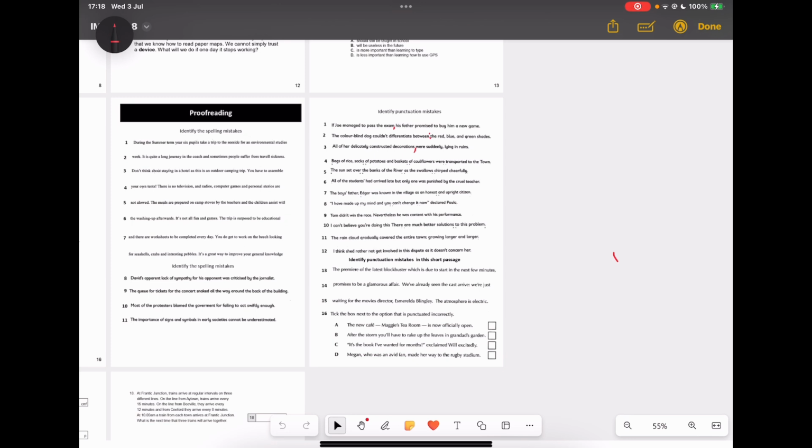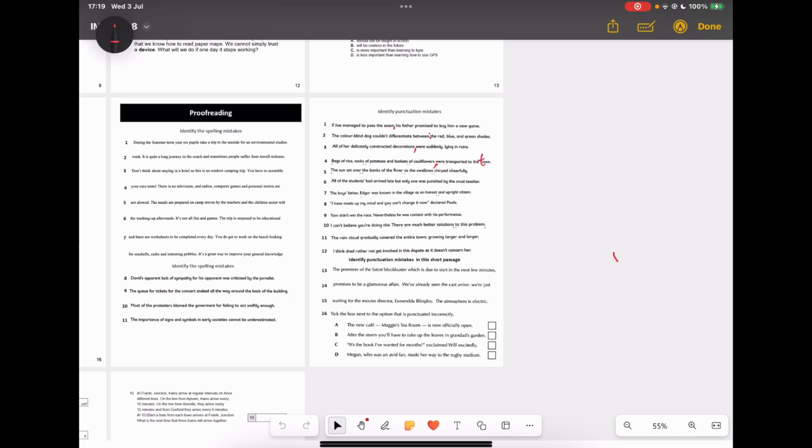So you could add a semicolon. Bags of rice, sacks of potatoes, and baskets of cauliflowers, semicolon, were transported to the town. Or just a comma. And this should be lowercase t.